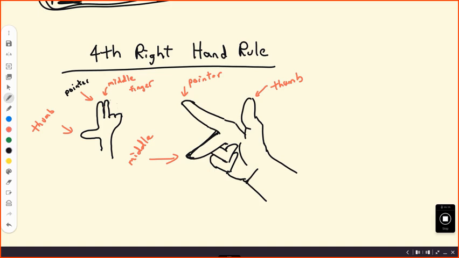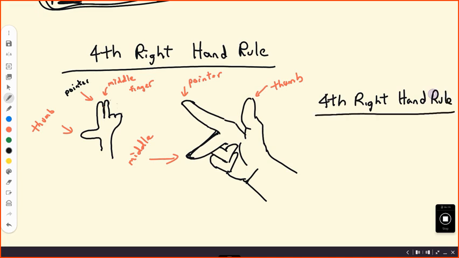And what the fourth right-hand rule says is that you put your pointer finger in the direction of the bar magnet's magnetic field lines.